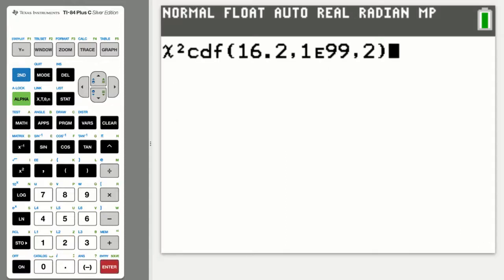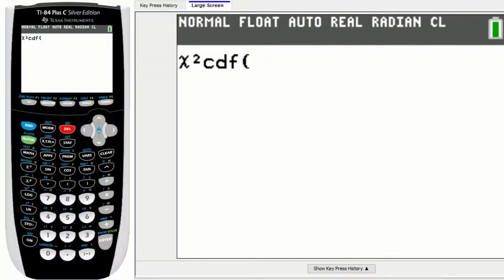And so just like that, if your calculator is a TI-83 or the early TI-84 calculator where it runs strictly as a command like this, then users must complete the command manually here. So the low end is 16.2. I'm going to put a comma here.